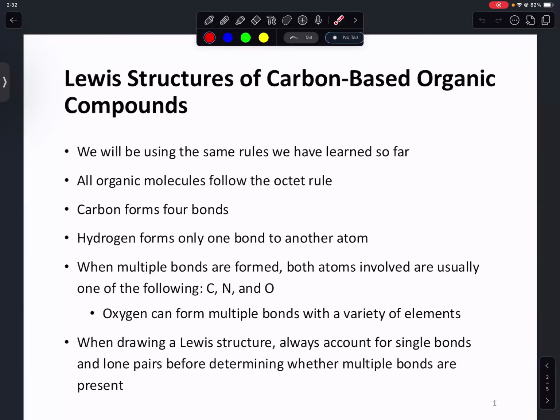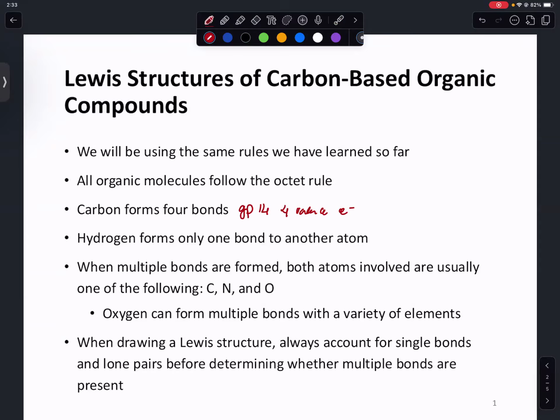This is a gentle reminder that carbon can only form 4 bonds because it's in group 14, so it has 4 valence electrons. Hydrogen can form only 1 bond, and we discussed previously that it is going to be a terminal atom.